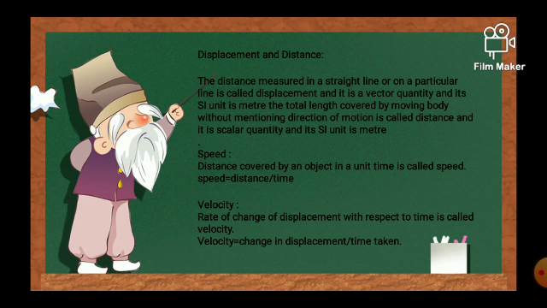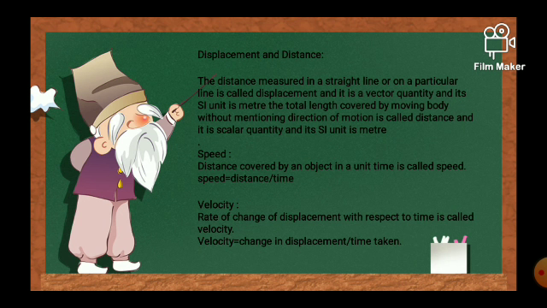Well, uniform velocity, do you people know what uniform velocity is? A body is said to have uniform velocity if it covers equal distance in equal intervals of time in a particular direction. That means if a body has uniform velocity, it covers equal distance in equal intervals of time in a particular direction, just like a car going in a particular direction.